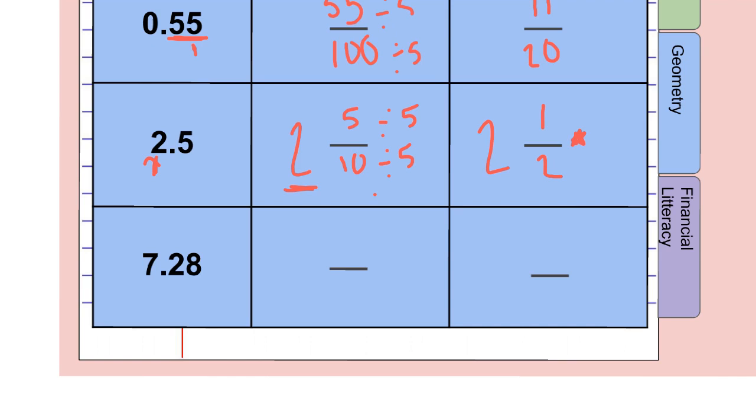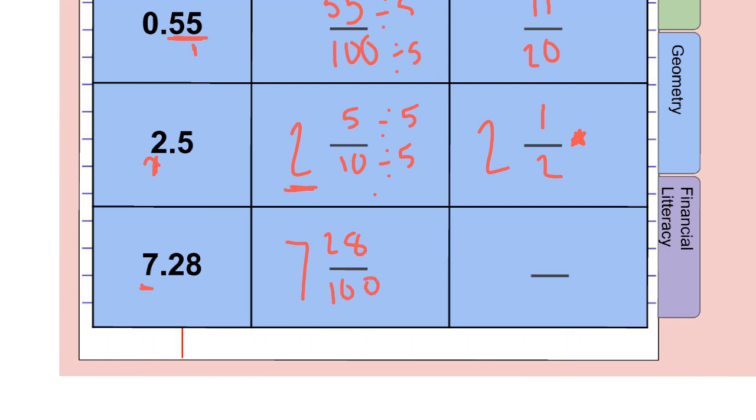Okay, and the last one down here, again, we have that whole number out front. So I'm just going to stick it out front. And then we have 0.28, which is 28 hundredths is the right way to say it. So we have 7 and 28 hundredths, so 28 over 100.